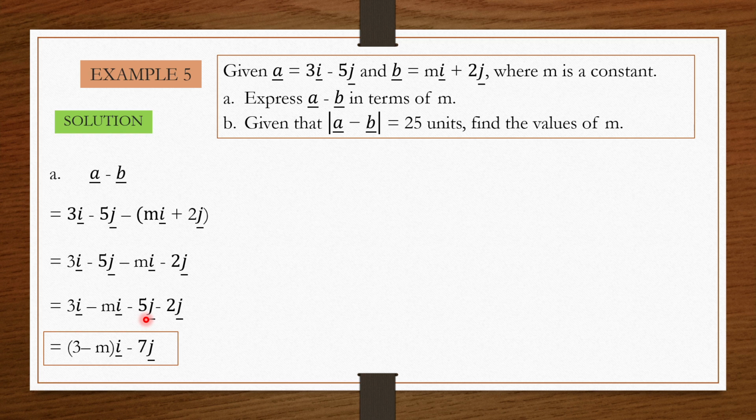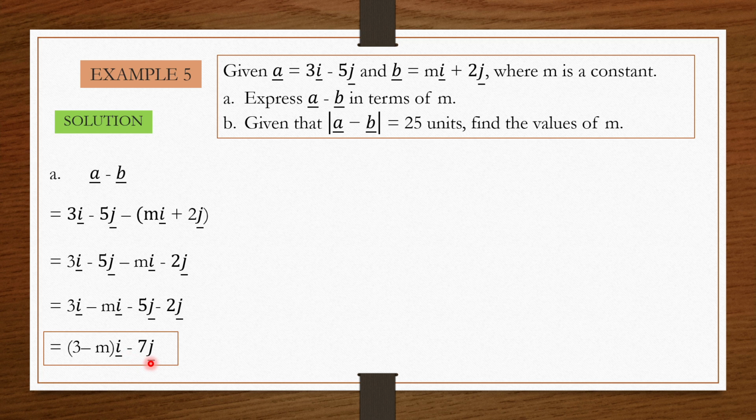Negative 5j minus 2j, you will obtain negative 7j. So the final answer of vector A minus vector B will be 3 minus m in bracket i minus 7j.